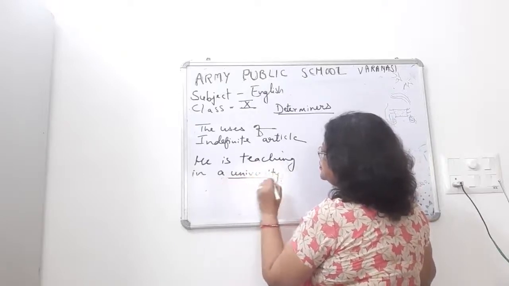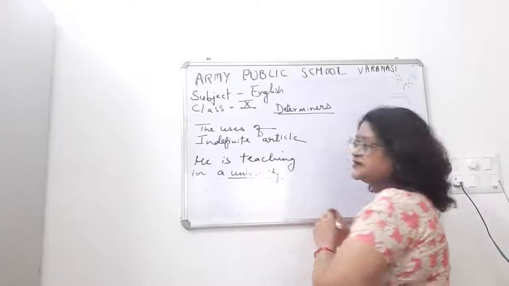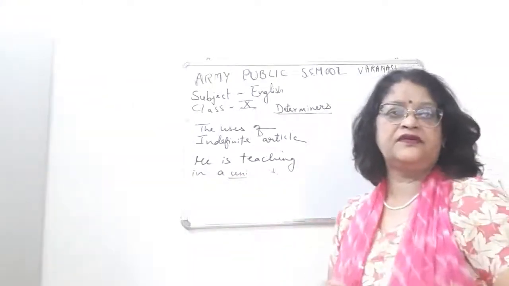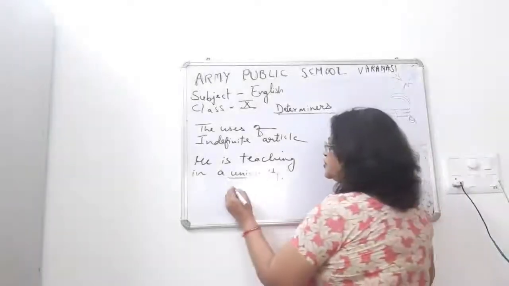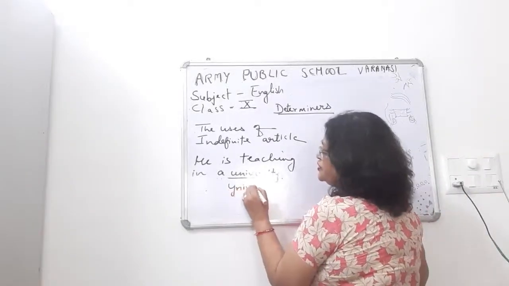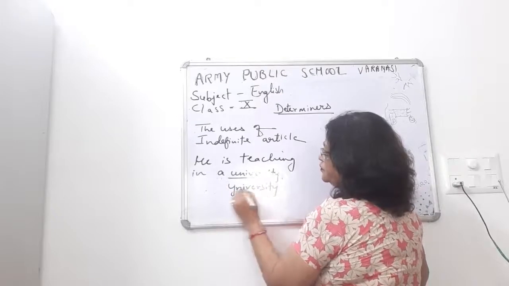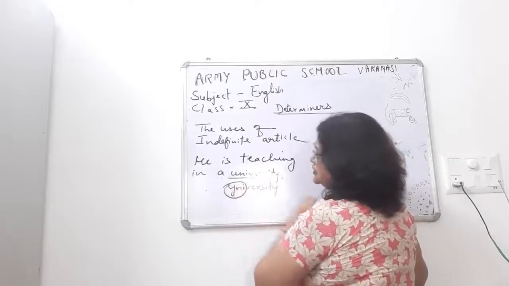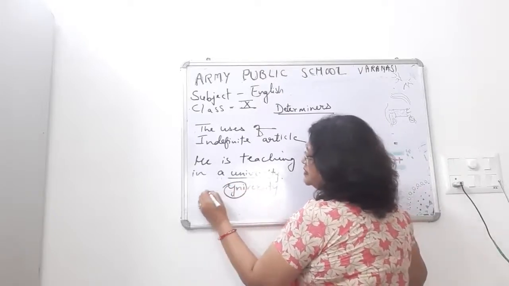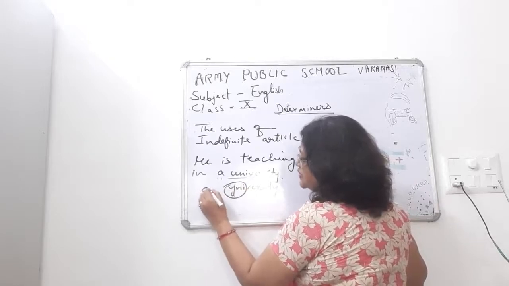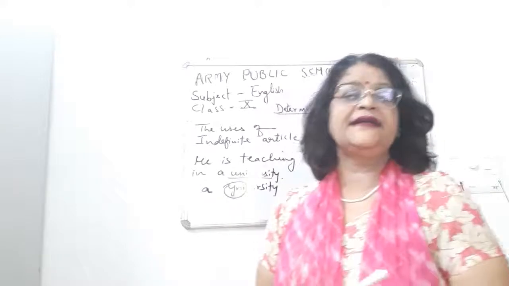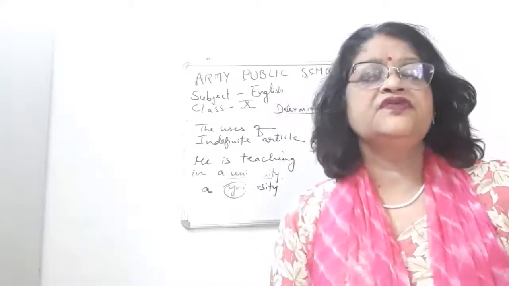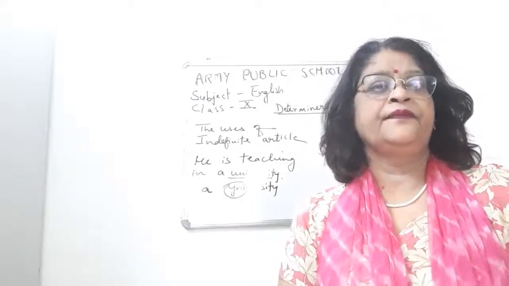So children, university starts with the vowel letter U, but the pronunciation is yu, uni. So the sound starts with Y, and that's why we use not an, but a.